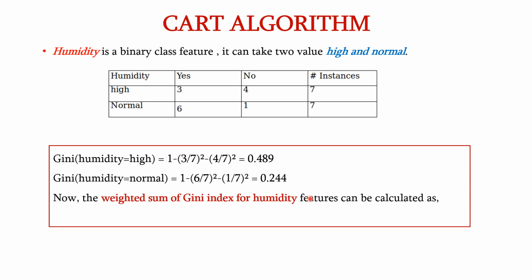Next let us find the weighted sum. The weighted sum for humidity is, for high, 7 divided by the total number of instances 14 into 0.489, plus for normal 7 divided by 14 into 0.244. So the value is 0.367 for Gini of humidity.